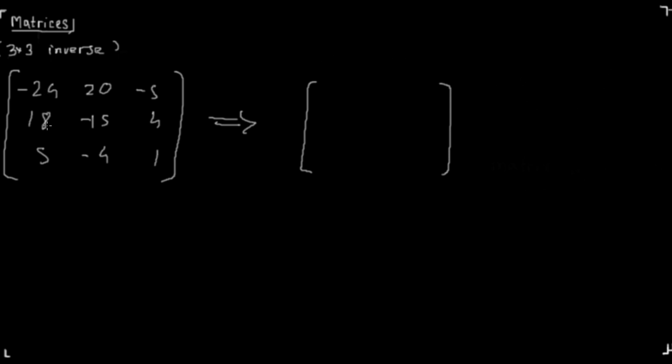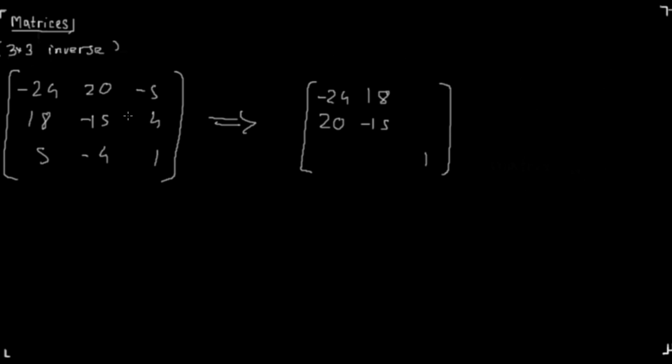So this portion, it's going to stay the same. Let's just draw that now. 24, minus 15, and 1. These are going to stay the same. Now, the opposite things here, the things that are going to change, you're just going to reflect them. So 18 and 20, we're going to swap them. So 20, 18.